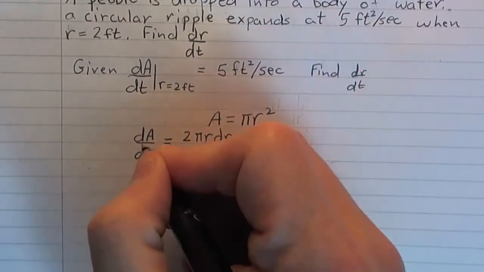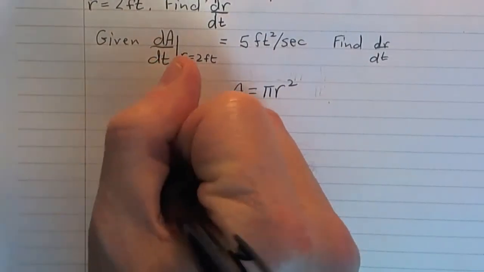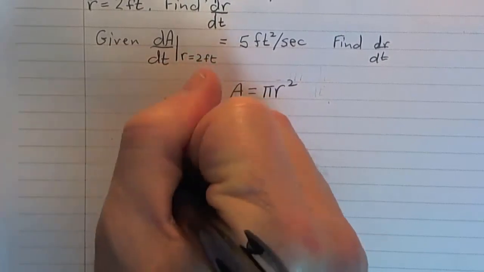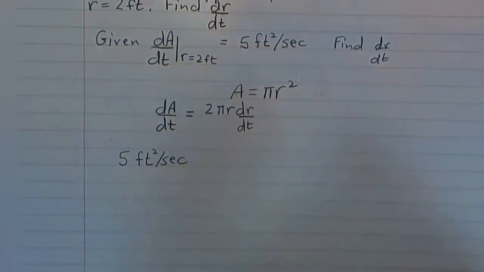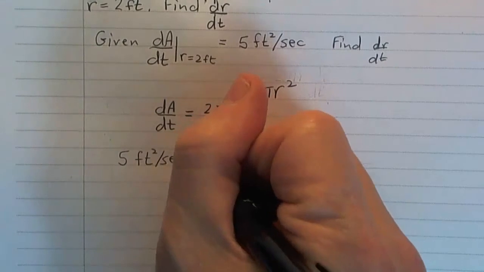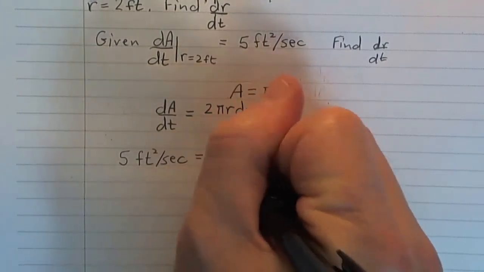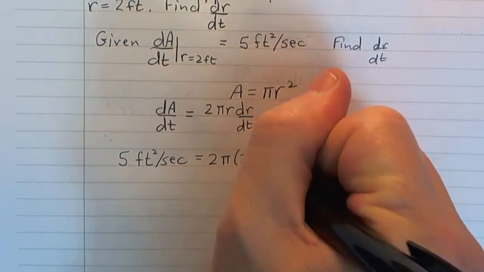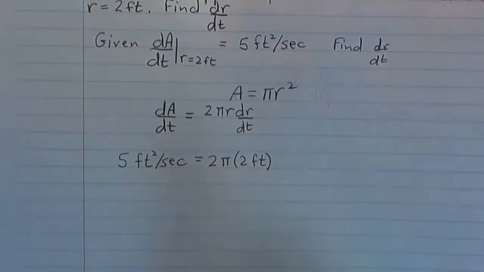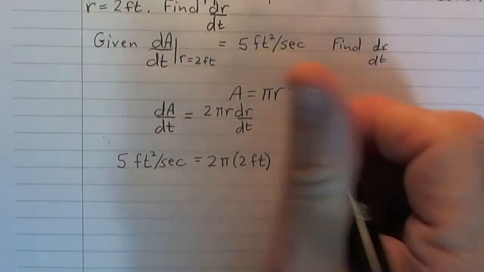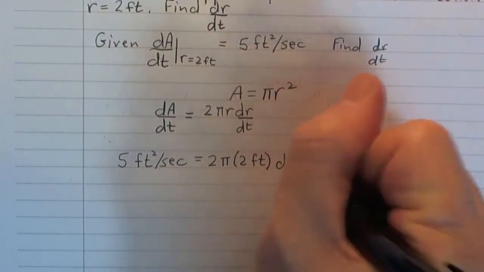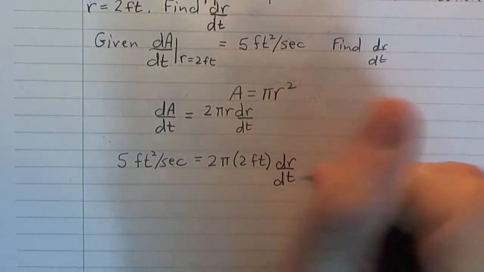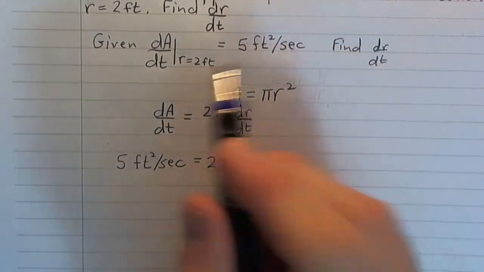I've been given the 5, so I can put that in. So I've got 5 square feet per second. That's what I'll put in for dA/dt. And then over here, I've got 2 pi, and in place of r, I'll put 2 feet, and then dr/dt. Now, I think I've put in everything I need to, right?